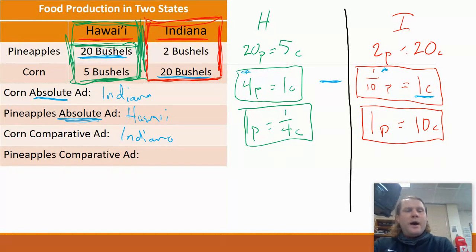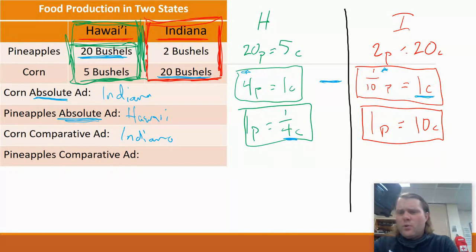Now, on the pineapples one, we're going to check our work. The comparative advantage between the two is always going to flip. You can't have the comparative advantage in both. Sometimes you can have a tie, but we usually don't see that. So let's double check our work here. Hawaii gives up 1/4 of a unit of corn to produce a pineapple.